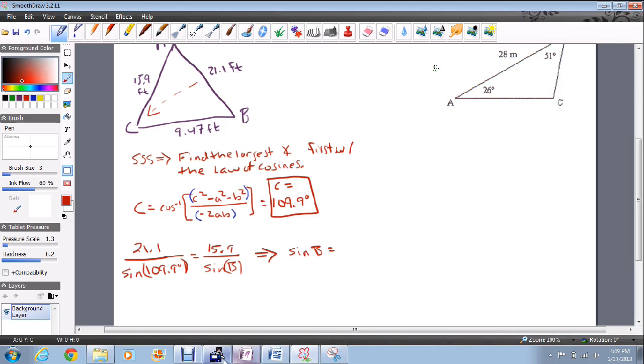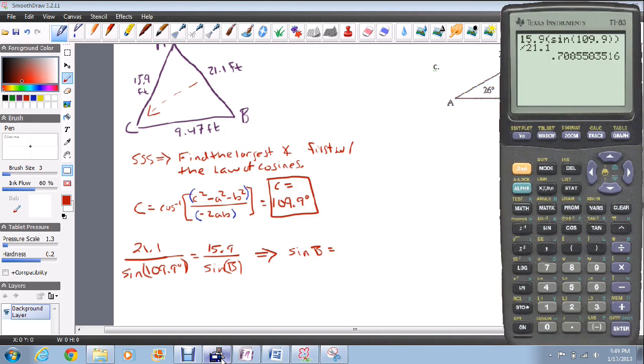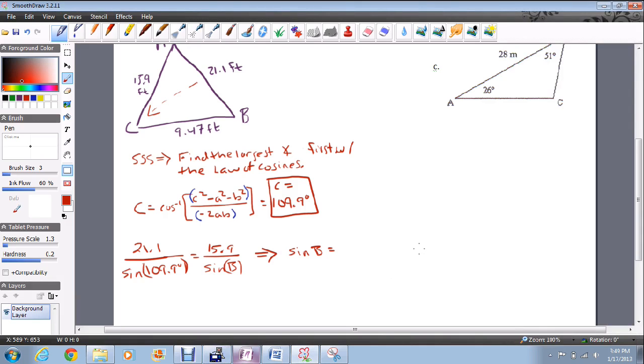So we get 0.709. We take the inverse of both sides. I got a final answer of 45.1 degrees.